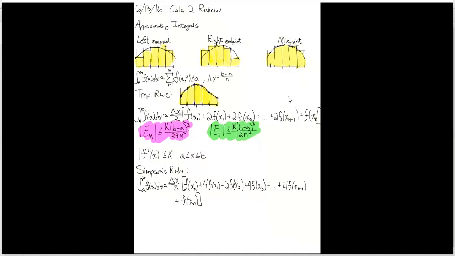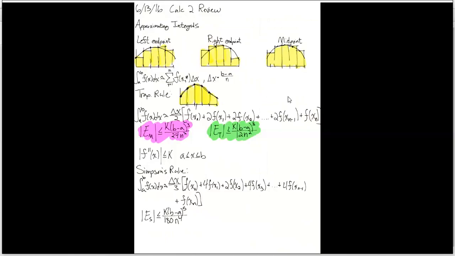There's also a bound for this. The absolute value of this error is bounded by this k factor. We'll talk about the differences of this k because it's not the same as up above. The power that we've got here of b minus a comes from the fact that Simpson's rule is actually more accurate because it's using a parabola rather than just a linear line.